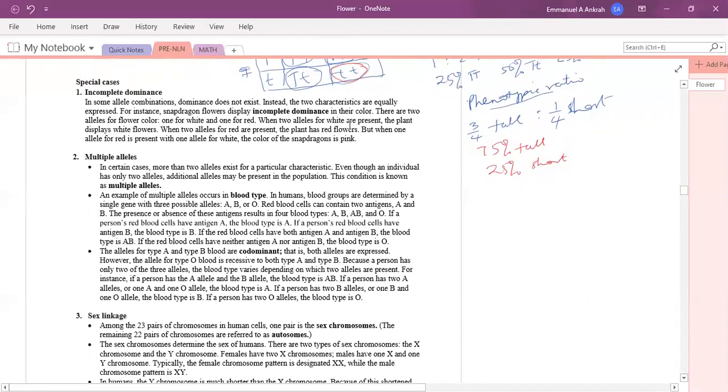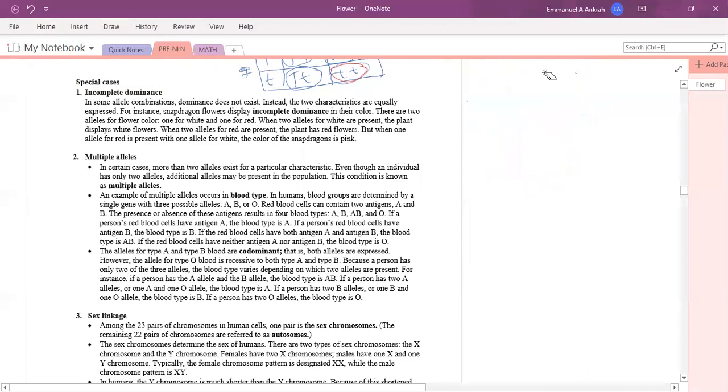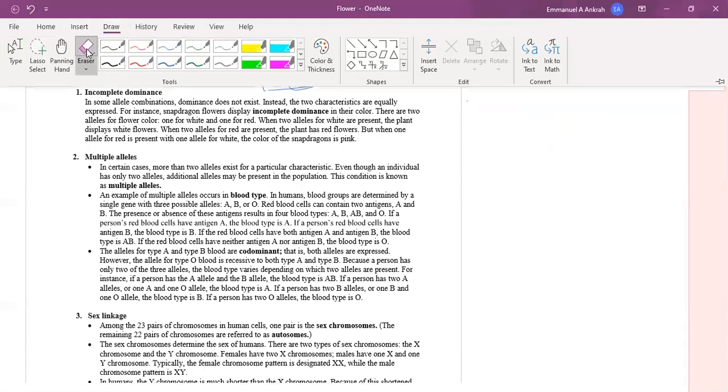There are 2 alleles for flower color, 1 for white and 1 for red. So when the 2 alleles for white are present, the plant displays white flowers. When the 2 alleles for red are present, the plant has red flowers. But when 1 allele for red is present with 1 allele for white, the color of the snapdragon is pink, right? It's pink. So here you have what we call incomplete dominance.